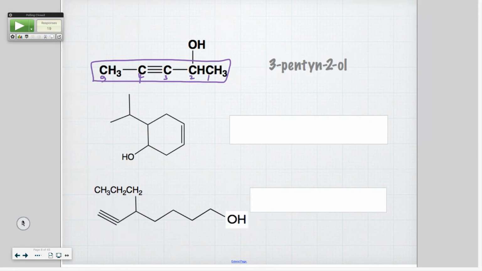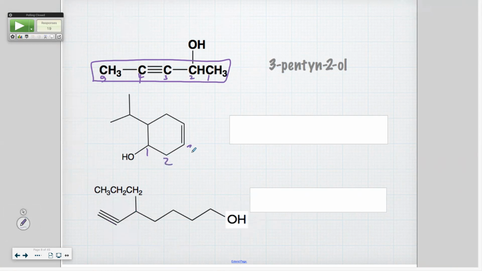What do you think about that one? Well, what's your base going to be? Okay, cyclohexanol, what's the question? Which way do you number it? Do you want to go counterclockwise or clockwise?